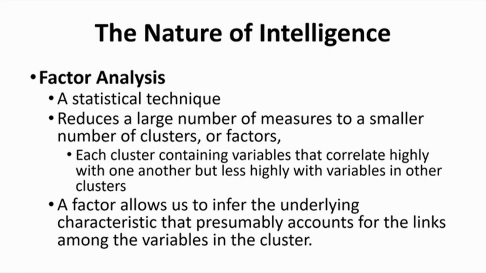Basically, you're asking, are there any tests that people who score high on test 1 always score high on test 2, while other people tend not to score high on it? Or is there any test that people who score low on it also score low on another test? If you have a correlation between some of these tests, you might conclude that the two tests are looking at the same type of thing.